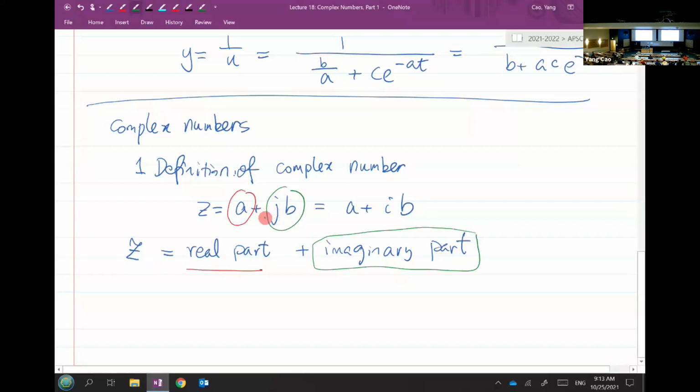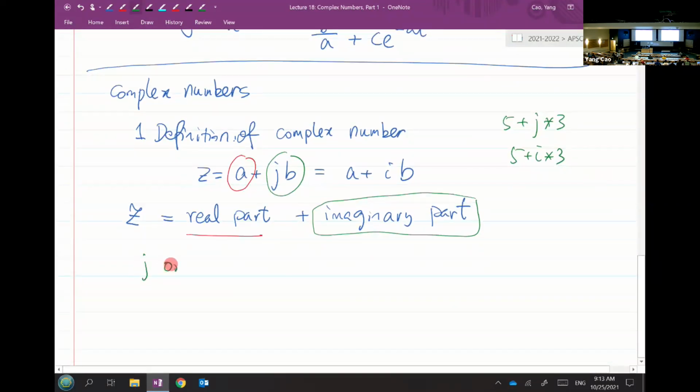Sometimes you will see in the lecture notes a plus jb, and sometimes you see a plus ib. Both ways are fine. If you use a mathematical tool like MATLAB, you can create a number as 5 plus j multiplied by 3, and you press enter, you create an imaginary number. Or equivalently, you type in this, it also creates an imaginary number. Both ways are fine.